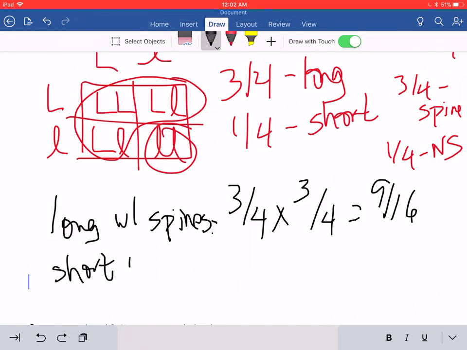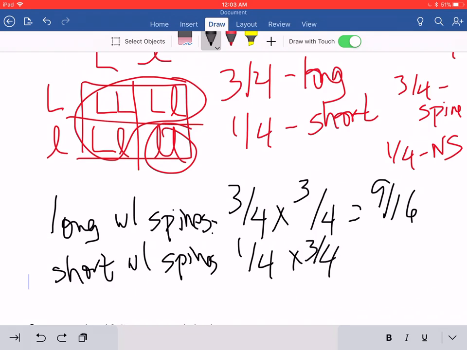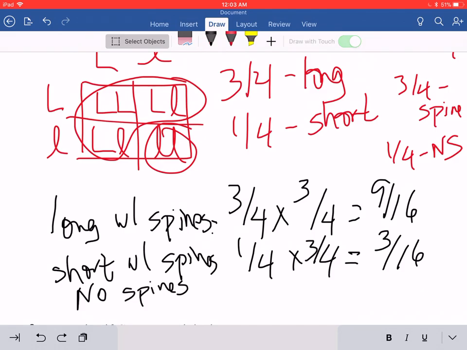So short with spines is going to be 1/4 times 3/4, okay, and that's going to be 3/16.